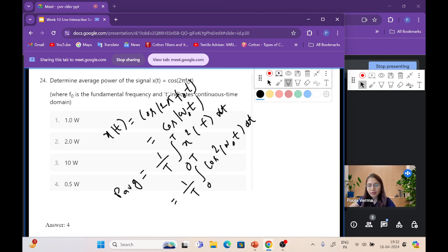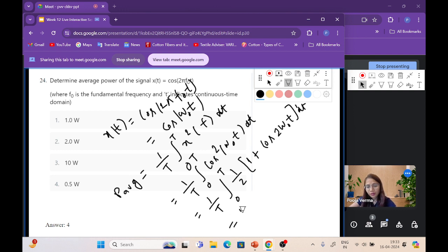And already we know the cos square theta value, it is 1 by 2 (1 plus cos 2 omega naught t) dt.